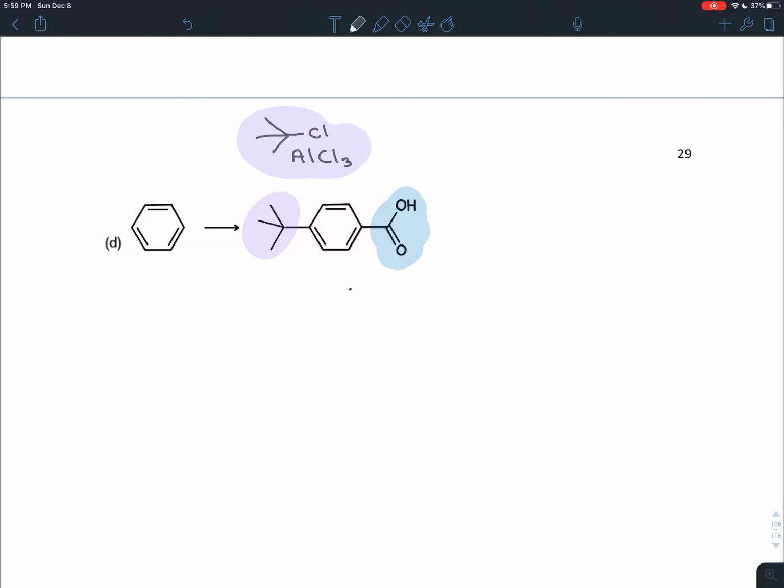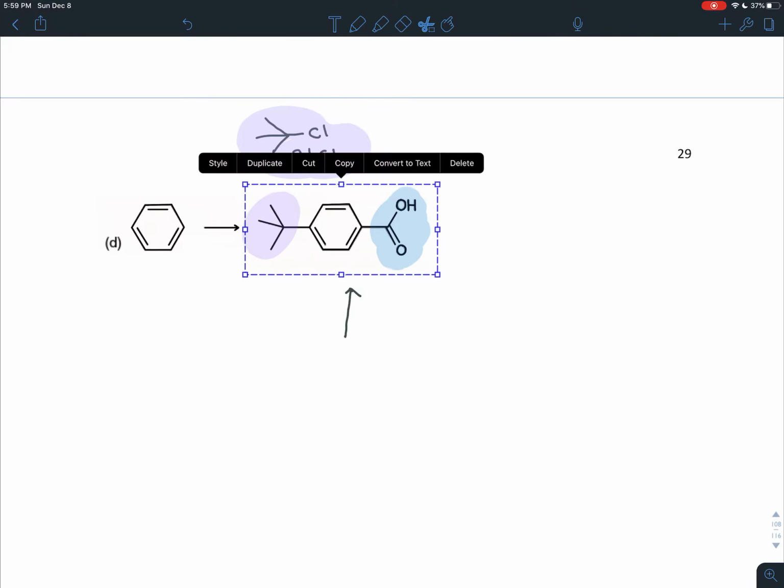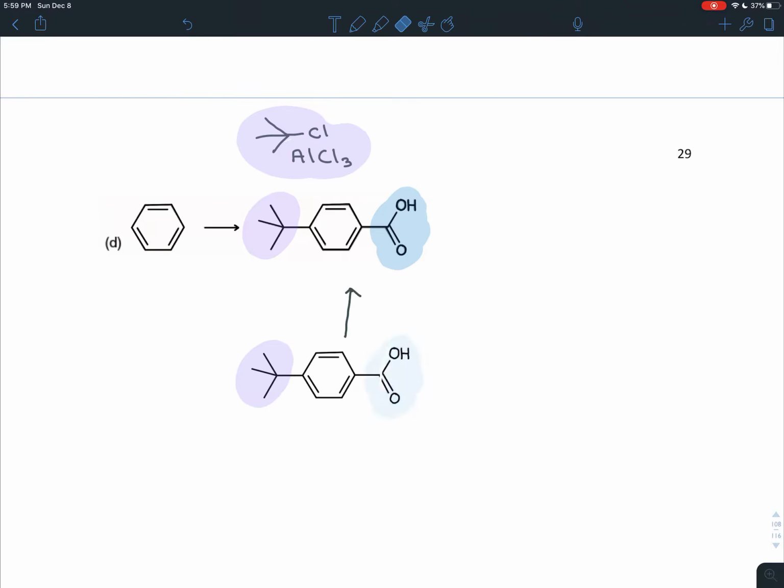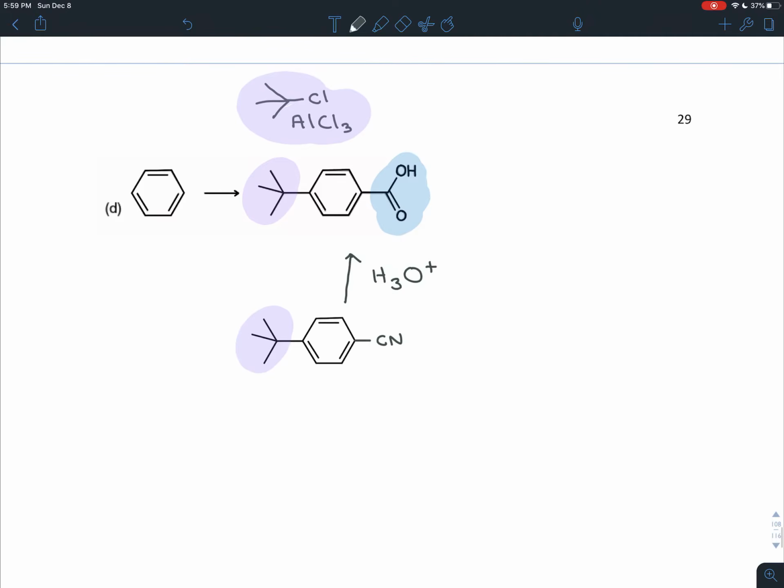Perhaps the most straightforward way of making that would be from a carboxylic acid derivative, namely a nitrile. If, instead of this molecule, we had a nitrile here, well, then we could hydrolyze it, use hydronium, H3O+, and that would turn that into a carboxylic acid, as we learned in the carboxylic acid chapter.